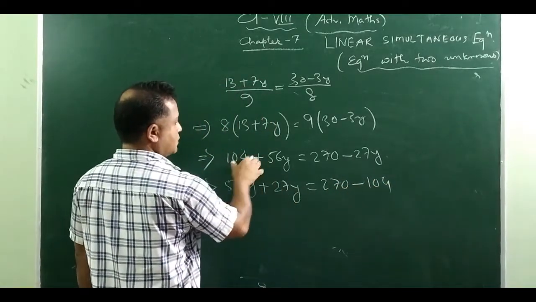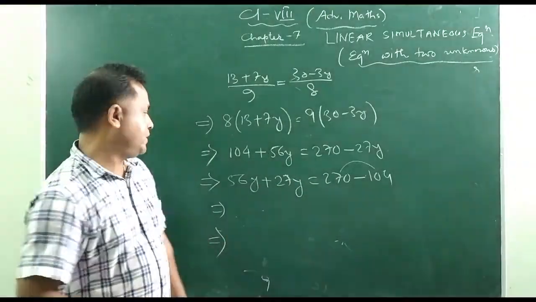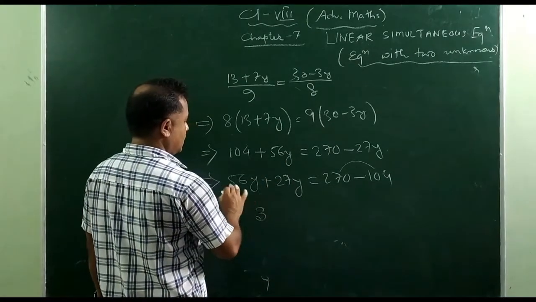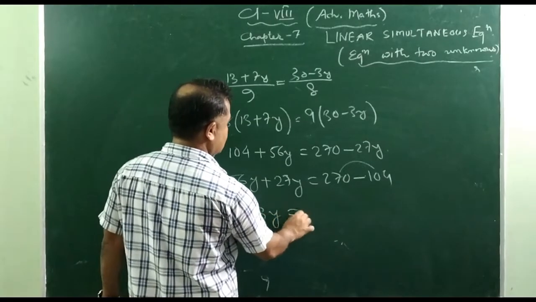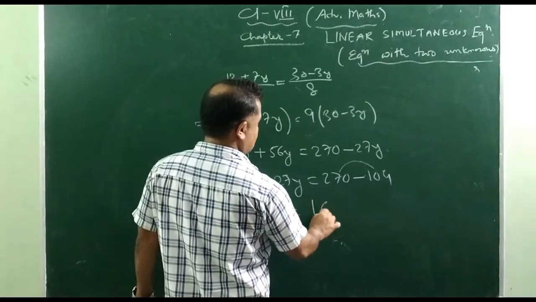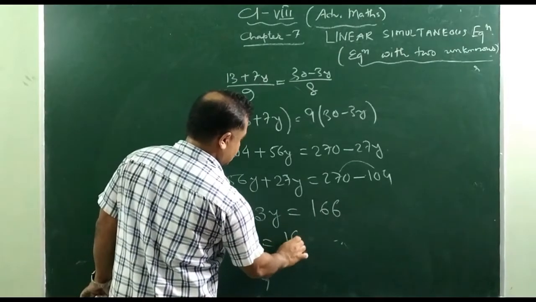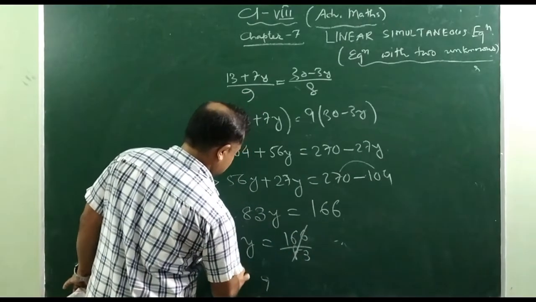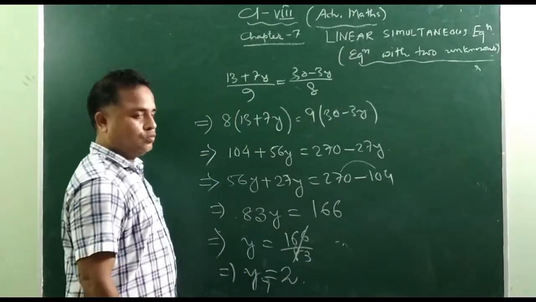I have transposed this one and I keep this one stable. Now I will solve it. 56 plus 27 is 83, so 83y is equal to 166. So y is equal to 166 by 83. Cancelling by the common factor, the answer is 2.